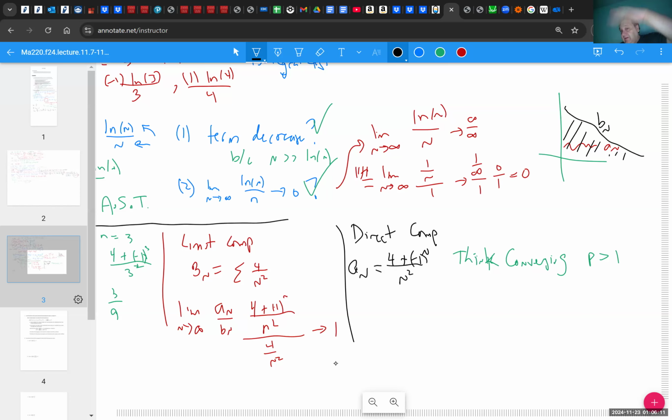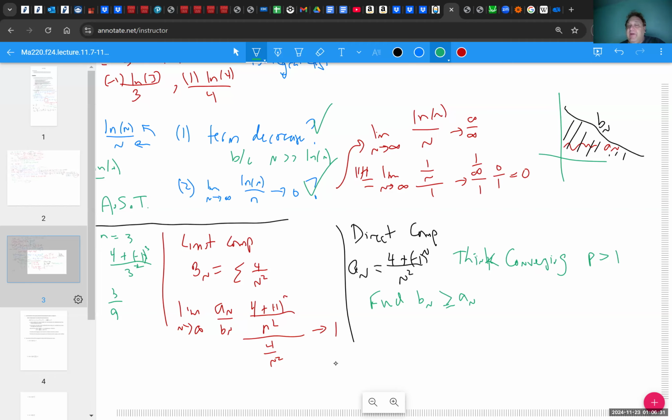Since the an is lower, it also has to be finite. So we need to find a bn that's greater than an. If we find something which is larger that still converges, then the smaller thing also must converge.